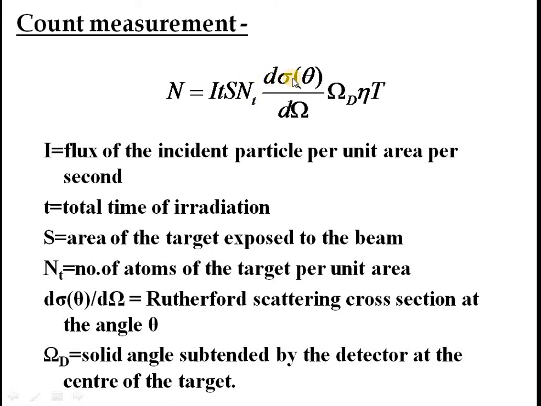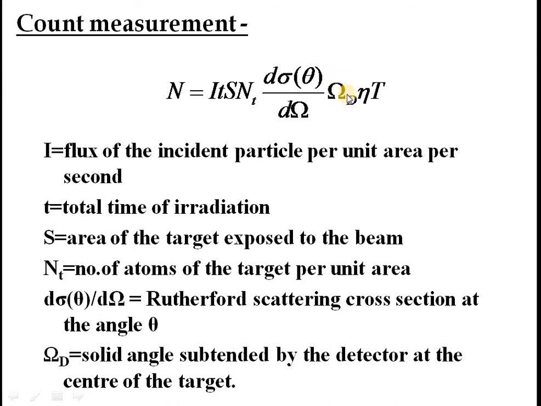Understand? And d sigma by d omega is called the Rutherford scattering cross section at the angle theta. The physical significance of this is very clear to you. It gives you a measure of the probability of interaction between the projectile and the target. Omega d is called the solid angle subtended by the detector at the center of the target.